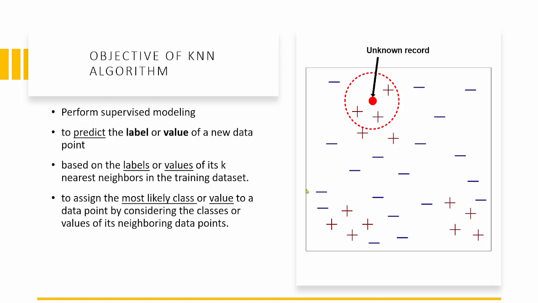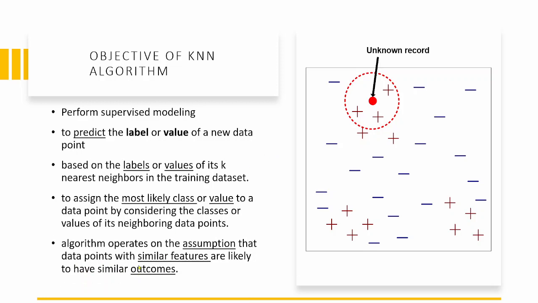Similarly, for regression, we will look at the neighbors and average the values, or the labels, of the neighbors. Once you average, that becomes the prediction of the test point. The algorithm operates on the assumption that data points with similar values in their features are likely to be together, and they will produce a similar outcome.